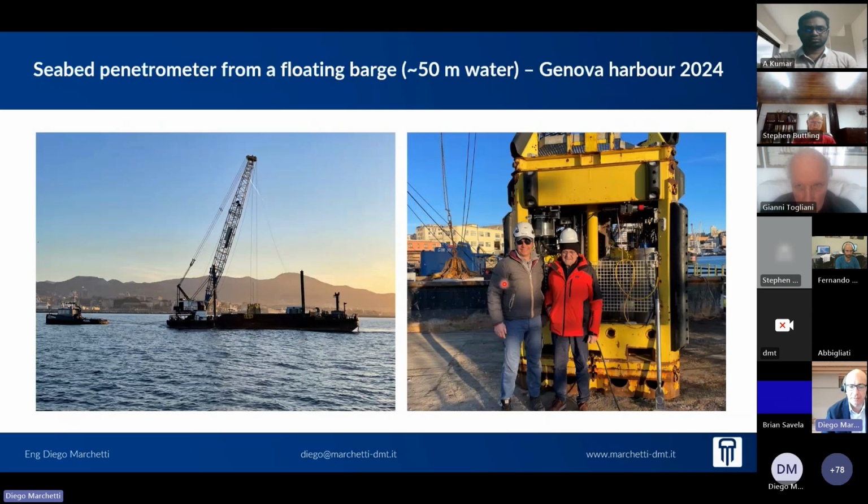Currently, we are working at the project in Genova Harbor with 50 meters of water, and in this configuration, there is a floating barge with a crane and lowering a seafloor penetrometer, which is lowered to the seafloor, and using the Medusa DMT, perform the test starting from the seafloor.